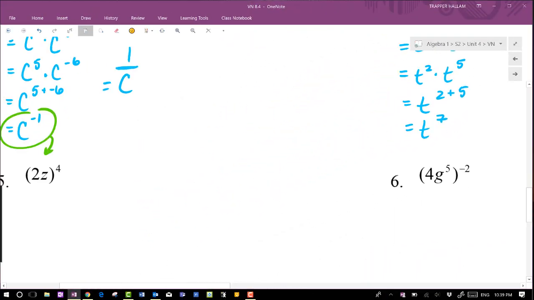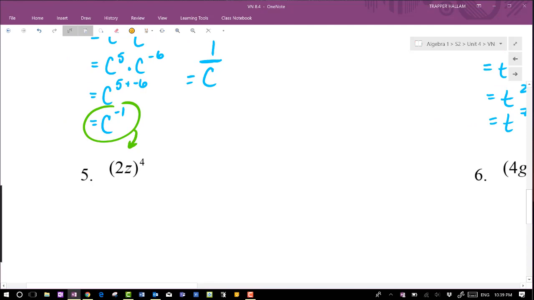All right, let's see one more, and this time we're going to see two more. We're going to throw in the idea of a coefficient. So this one, even though this is a coefficient, they're multiplied. So let's look at this like 2 times z raised to the 4th. These both now count as bases. So even though it's a coefficient, it counts as a base.